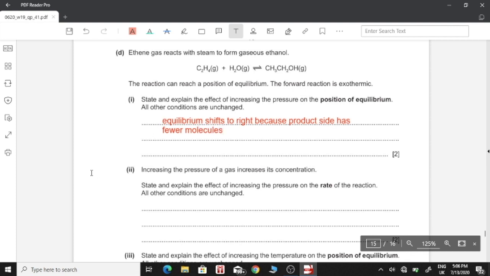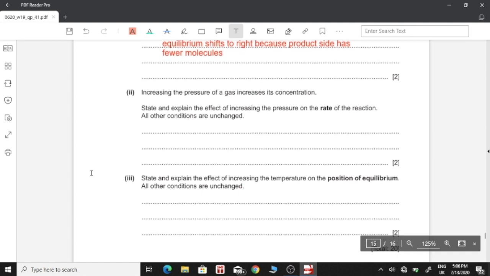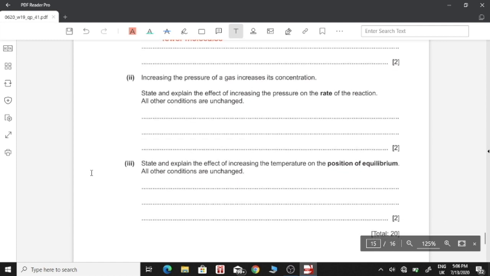Alright, part 2. Increasing the pressure of a gas increases its concentration. State and explain the effect of increasing the pressure on the rate of reaction. All other conditions are unchanged. So whenever we increase the pressure, the volume becomes less.